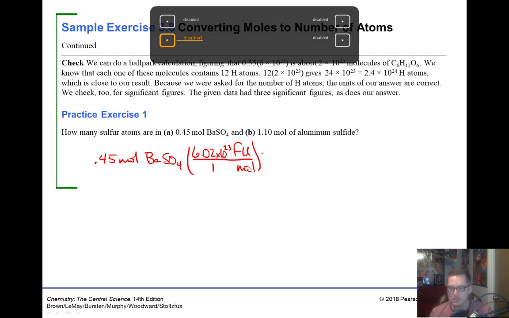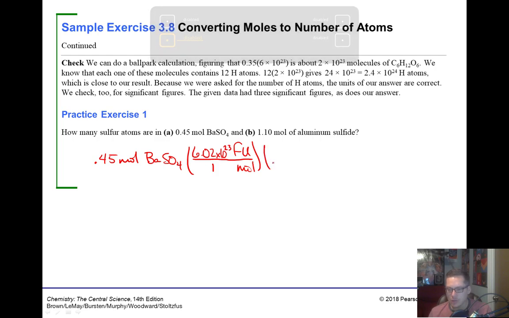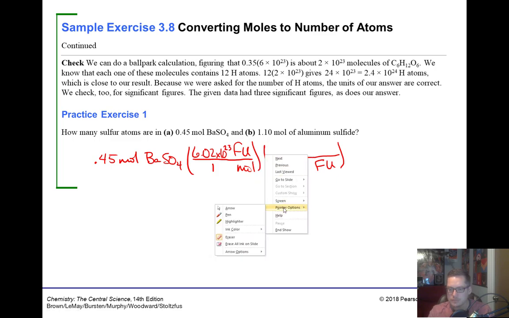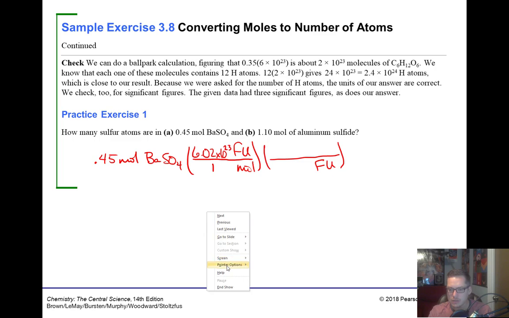Formula units. And then we're going to go from formula units to number of atoms of sulfur. For every 1 barium sulfate formula unit, I have 1 atom of sulfur, so it's just a 1-to-1 ratio.